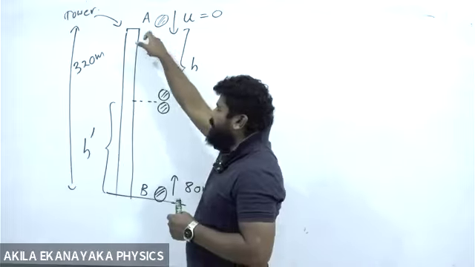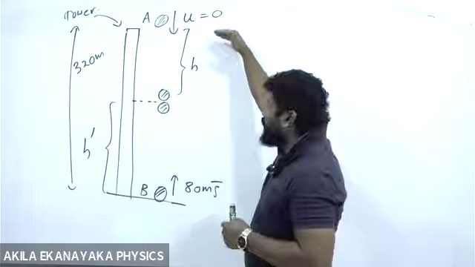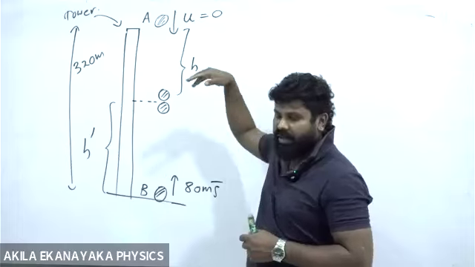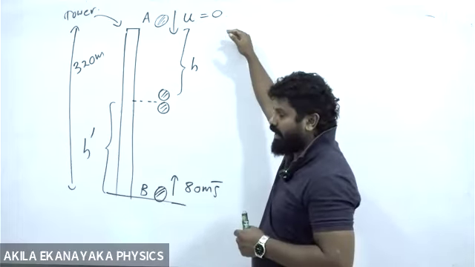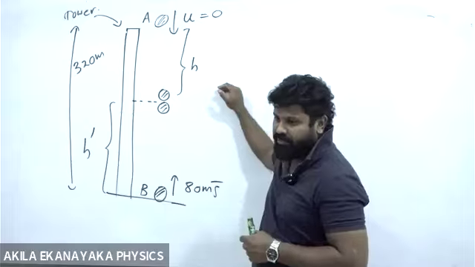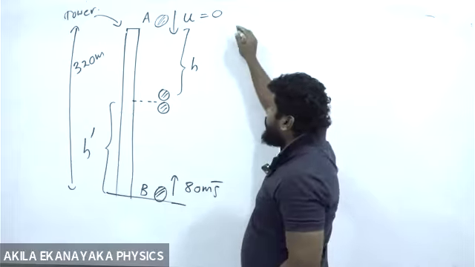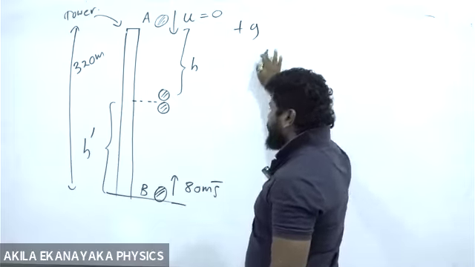The capital A object is released freely. The gravitational acceleration of that object is plus g.